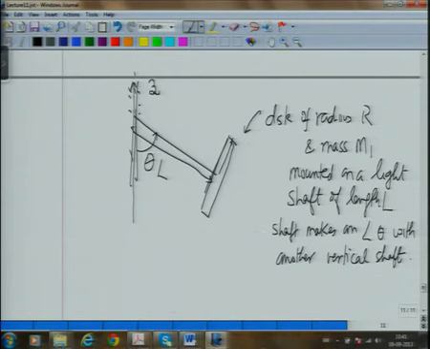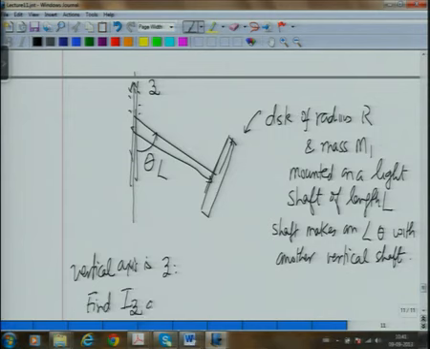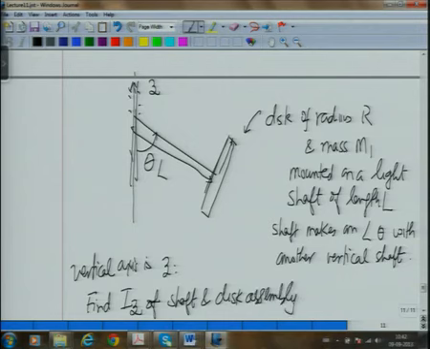Now, the vertical axis is z. The question is, find Iz of the shaft and disk assembly. So this is the shaft and this is the disk.